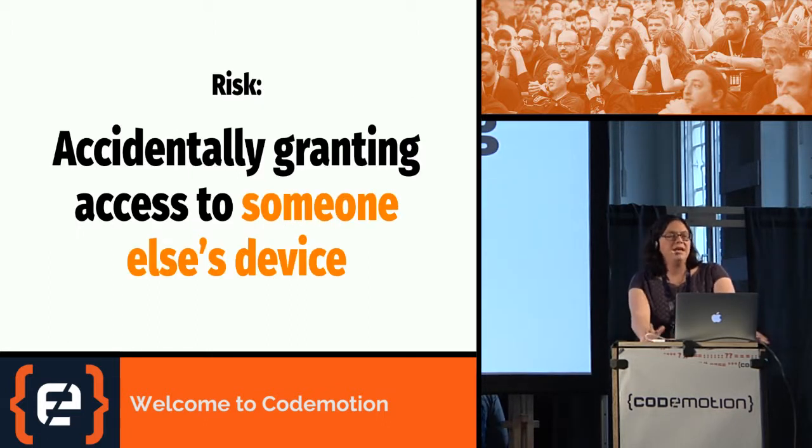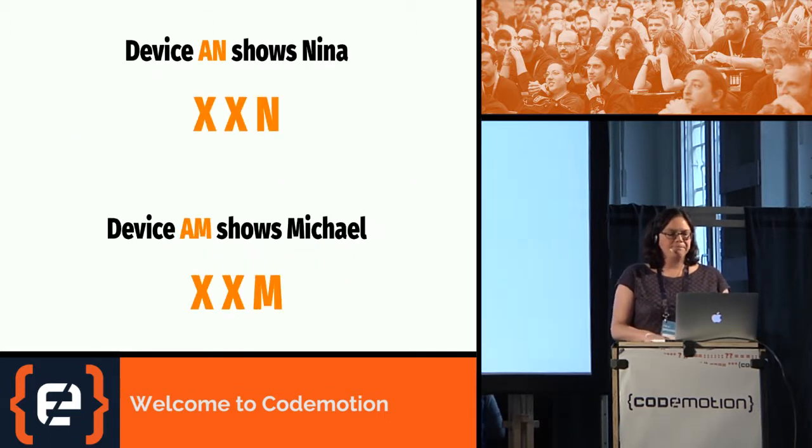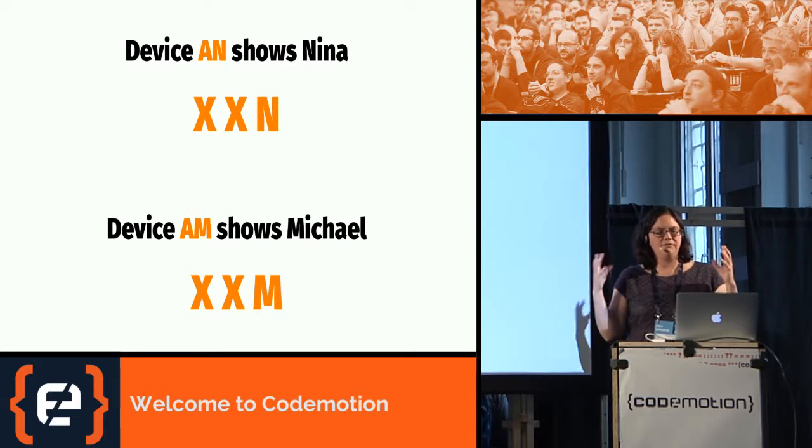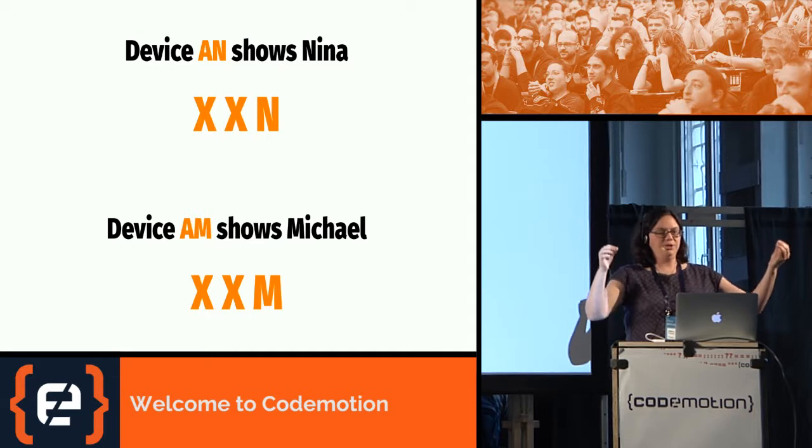So another risk is accidentally granting access to someone else's device. Now, this one is a little bit harder to explain, but it's essentially the problem that happens when you make a typo. You have 2 codes that are issued at the same time, and they're very similar to each other.